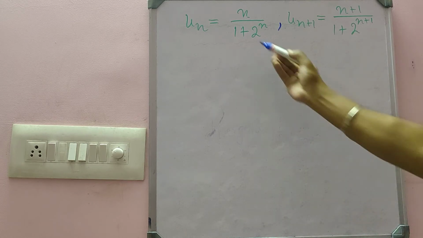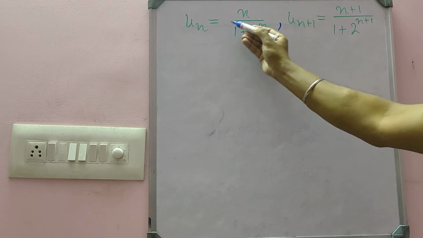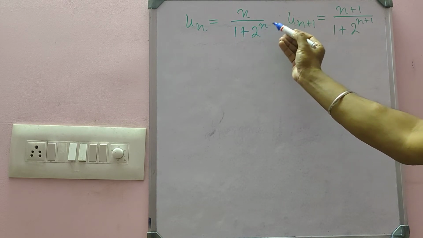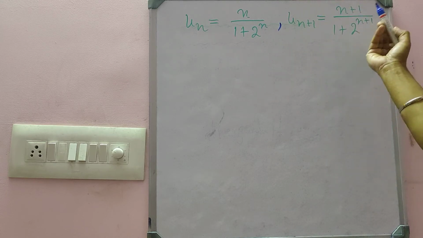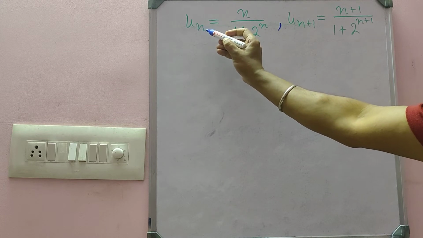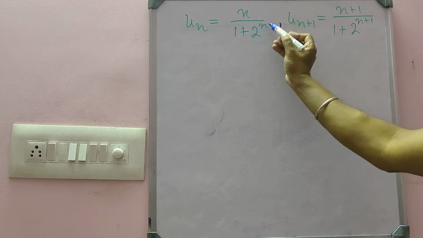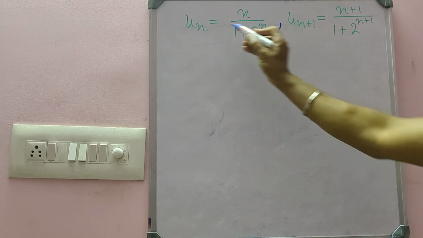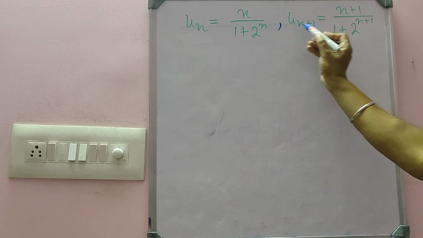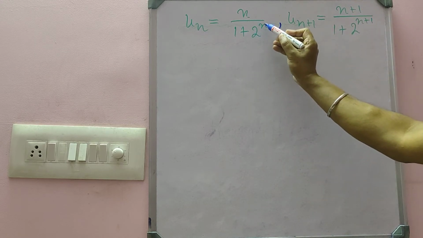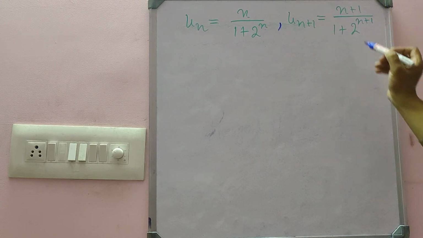So 1 is there in every term, and the power of 2 is increasing by 1. That's why in the n term it is 2 power n. Our n term will be n by 1 plus 2 power n. Now the n plus 1 term: wherever n is there, replace it by n plus 1, so it is n plus 1 divided by 1 plus 2 power n plus 1.